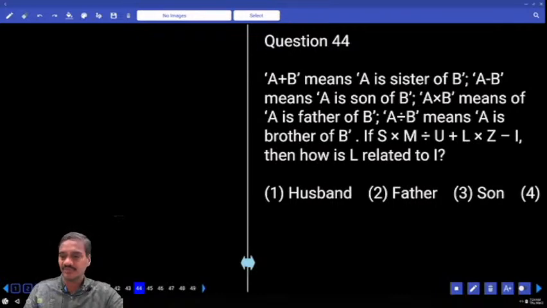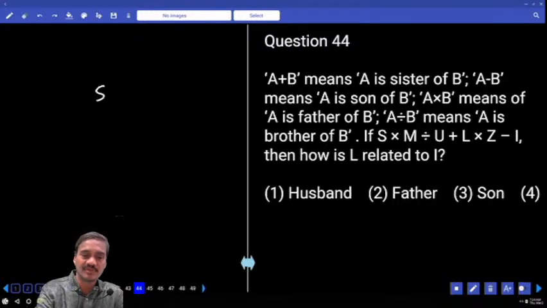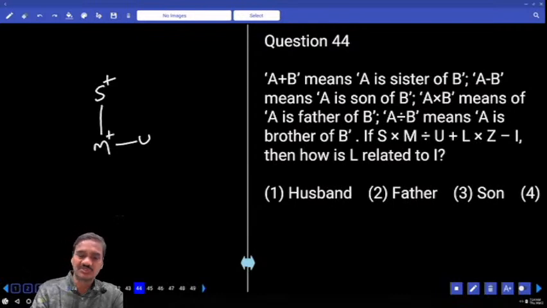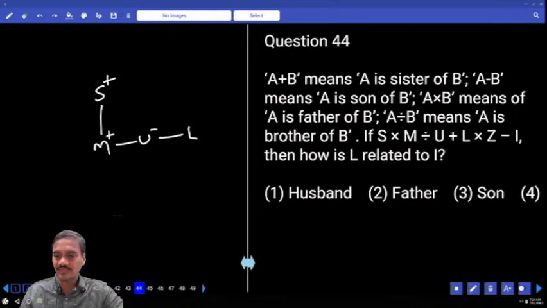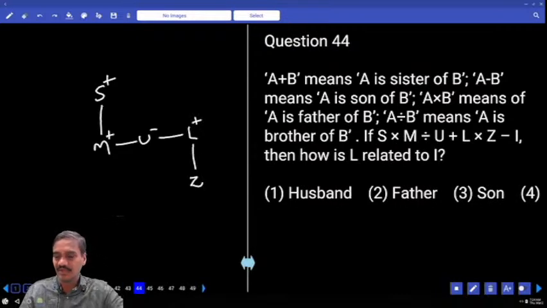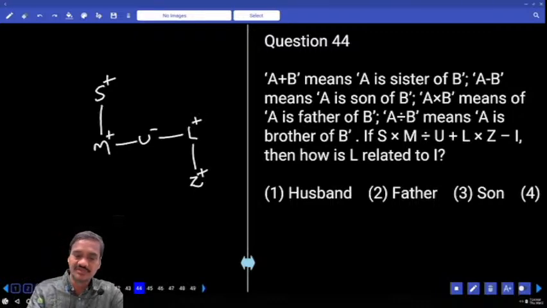Then S into M. S into M means S is the father of M. Now this S is the father of M. And next one, M divided by U means M is the brother of U. And next one, U plus L. U plus stands for U is the sister of L. L into Z means L is the father of Z. Now this L is the father of Z, and Z minus I. Minus stands for son, and Z is the son of I. Now L and I will be like this.